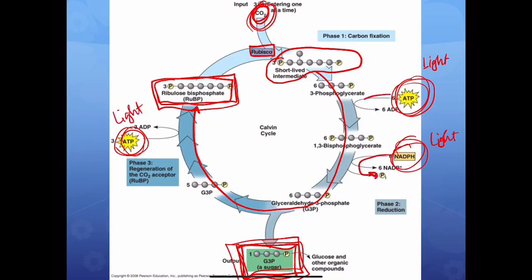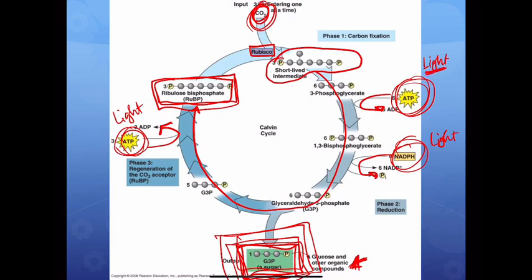They're broken down. Their energy is harnessed to try to make this guy, because that's the whole purpose of the Calvin cycle, is to make this sugar. We got to make this sugar. This is what the plant needs. And so it takes energy to do it.